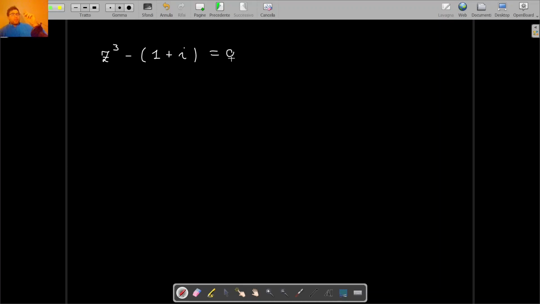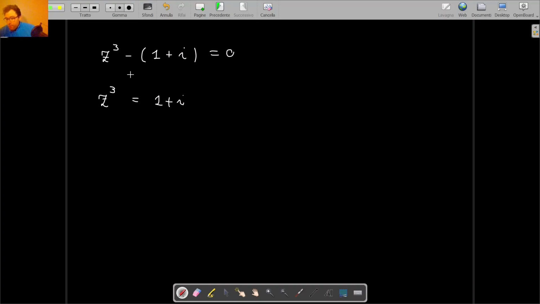As we have seen in my previous video, this problem basically consists of extracting the nth root of a complex number. So we have to write z raised to the third power is equal to 1 plus i.